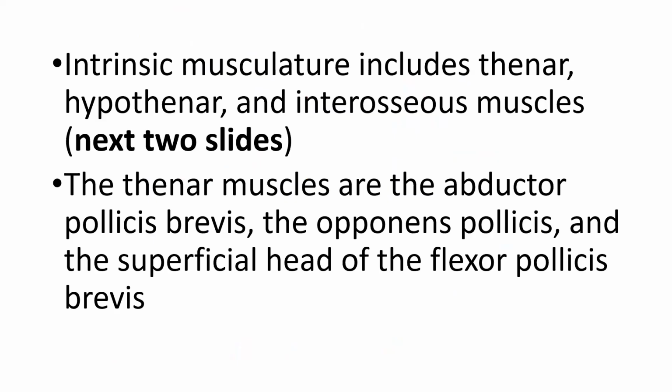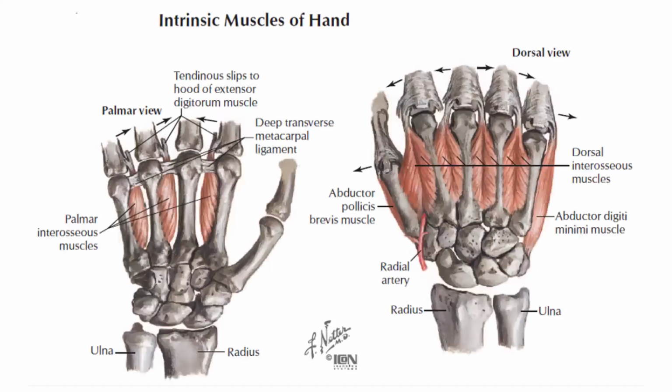The intrinsic musculature includes the thenar, the hypothenar, and the interosseous muscles. The thenar muscles are the abductor pollicis brevis, the opponens pollicis, and the superficial head of the flexor pollicis brevis. So don't forget this: the abductor pollicis, the opponens pollicis, and the flexor pollicis brevis.